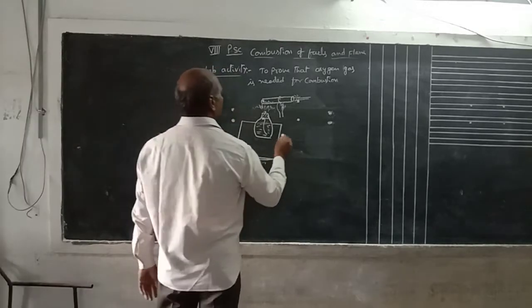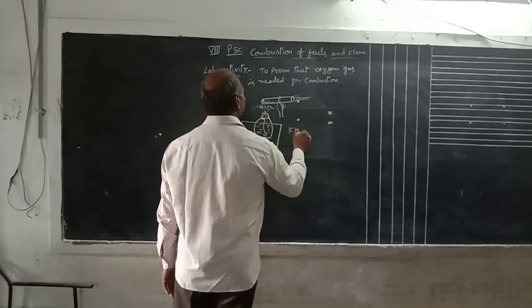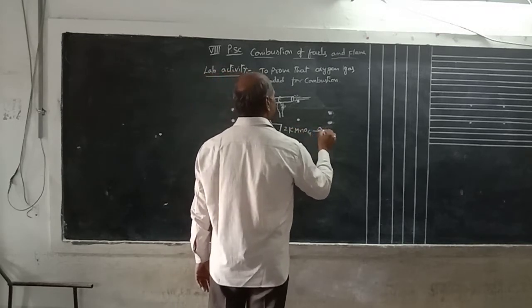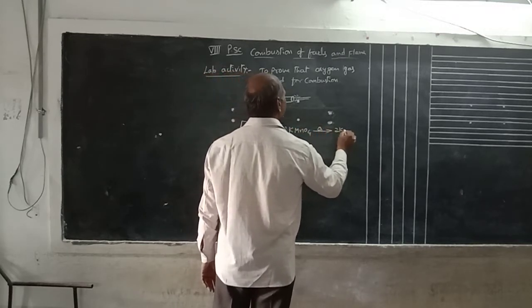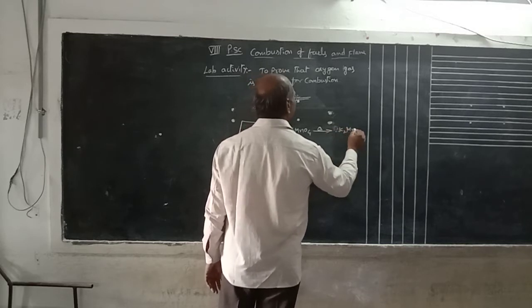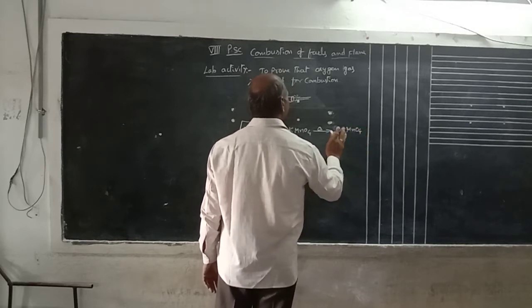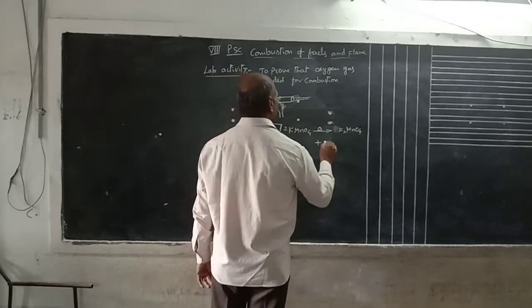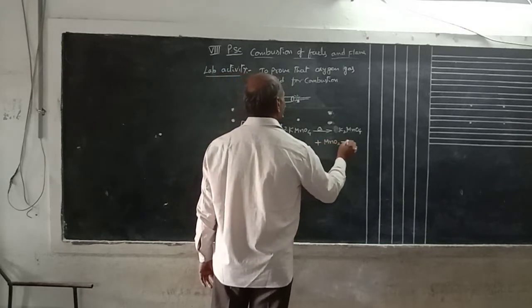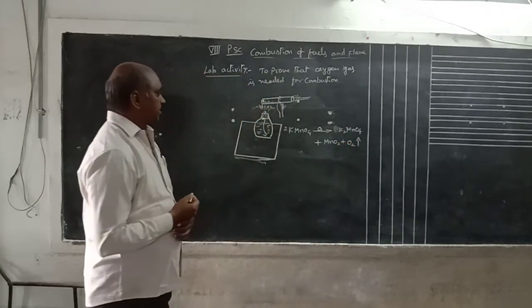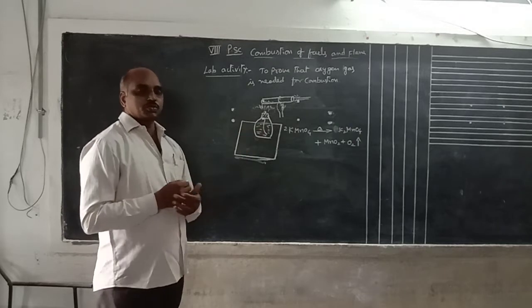This is KMnO4, potassium permanganate, and we heat it in a boiling test tube.